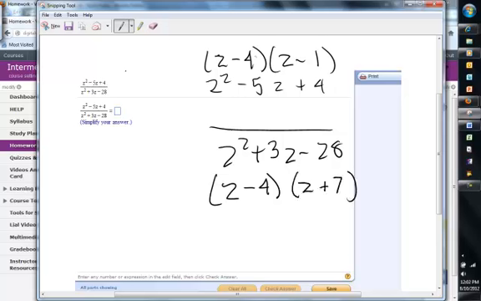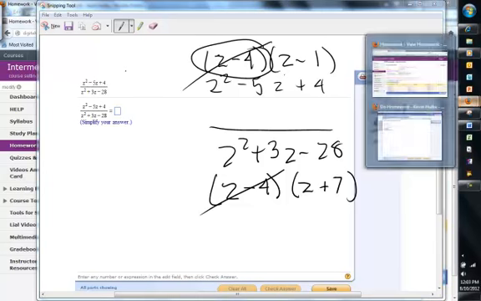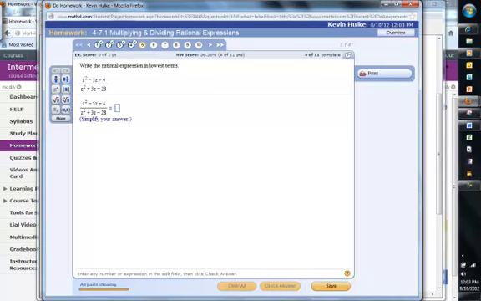In order for me to know that it was z minus 4, I saw that there was a z minus 4 in the numerator. So my answer is z minus 1 over z plus 7.